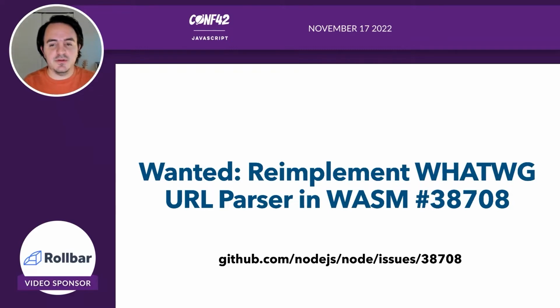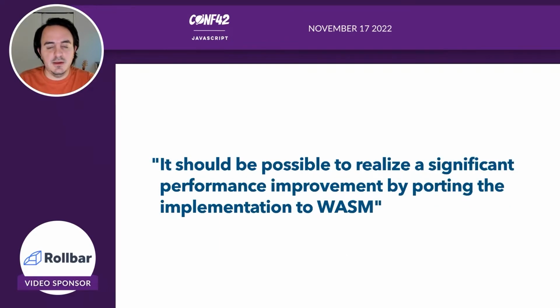Re-implement the WHATWG URL parser in WASM. The URL is there for you if you want to look. It was opened by one of the technical steering committee members, James Snell. He basically said that it should be possible to realize a significant performance improvement by porting the implementation to WASM. WASM is WebAssembly.